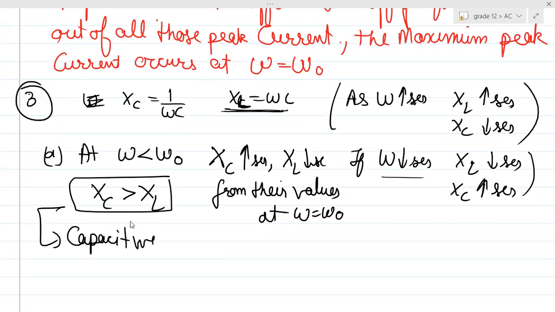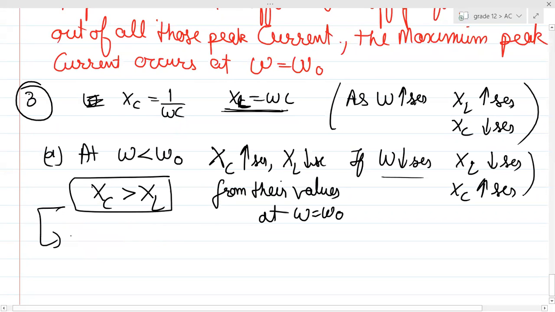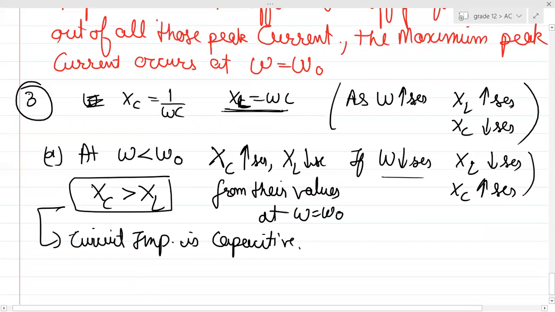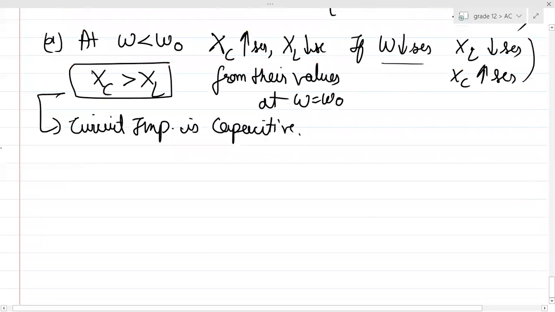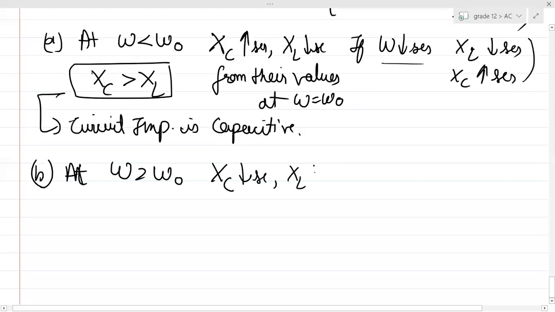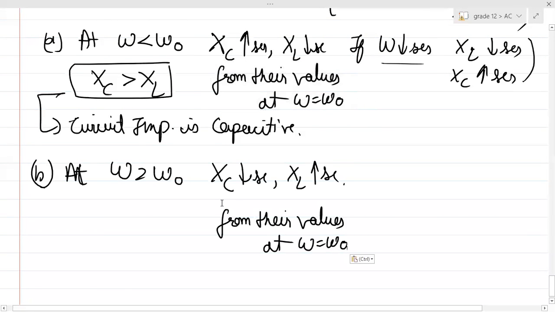Or you can write this particular thing: the circuit impedance is capacitive. Okay. Similarly, at omega greater than omega naught, XC will decrease and XL will increase from their values at omega equals omega naught.